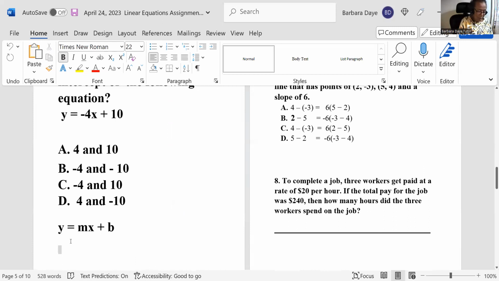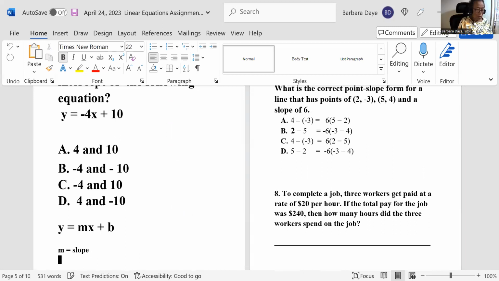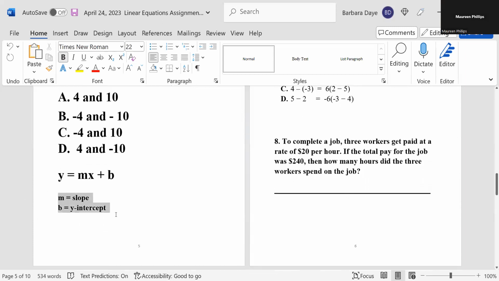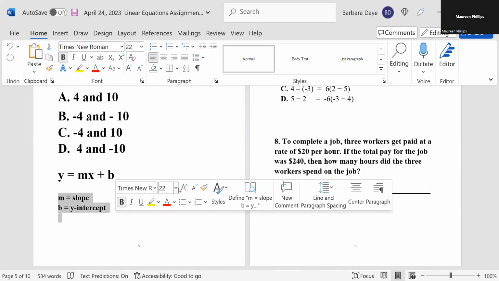M equals slope. Yeah, you're right. And b equals y-intercept. So from the formula, we know what they are, so we can just pick them out of the formula.